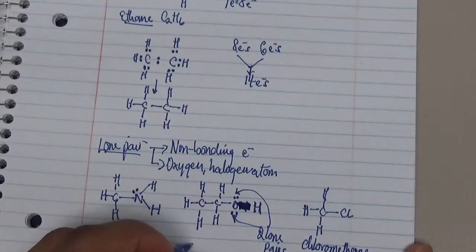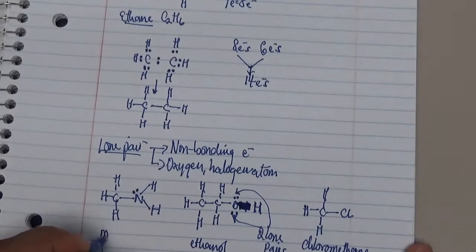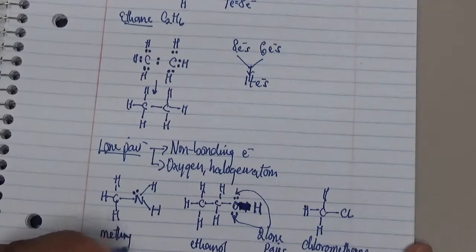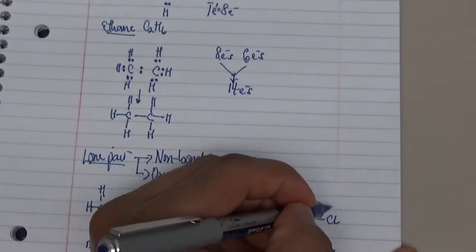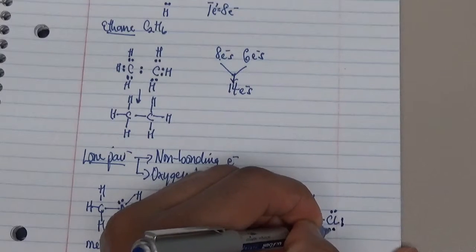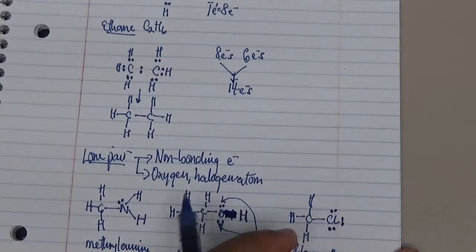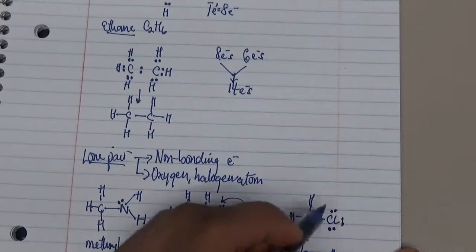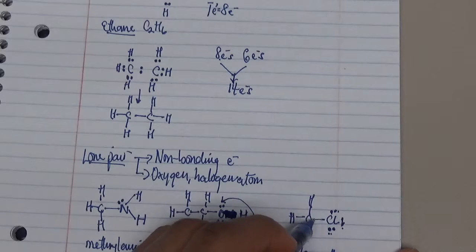In here we have ethanol, and lastly we have methylamine. So in chloromethane we have three lone pairs, or three non-bonding electrons, surrounding chlorine, enough for it to obey its octet. So in here we have 1, 2, 3, 4, 5, 6, 7, 8.